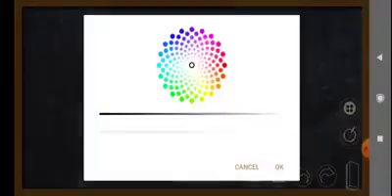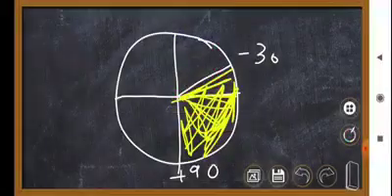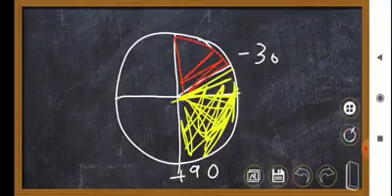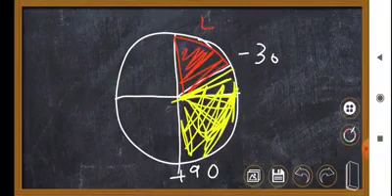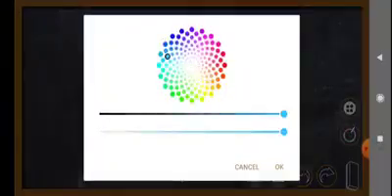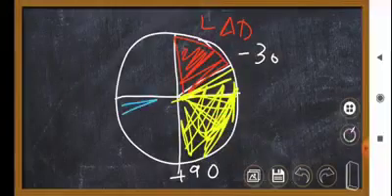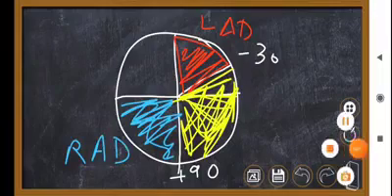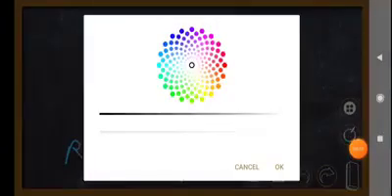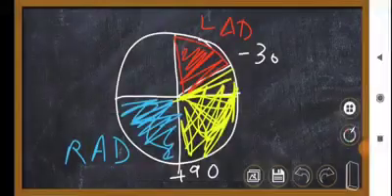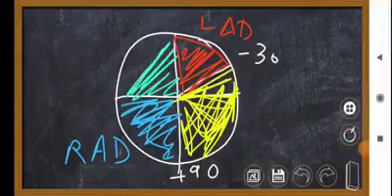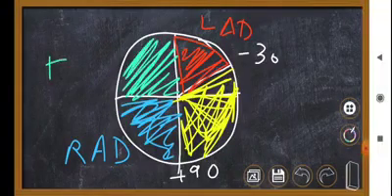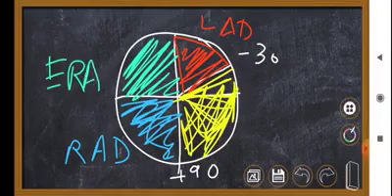Again, this area is the area of left axis deviation, and similarly this area corresponds to right axis deviation, and finally this area corresponds to extreme right axis deviation.